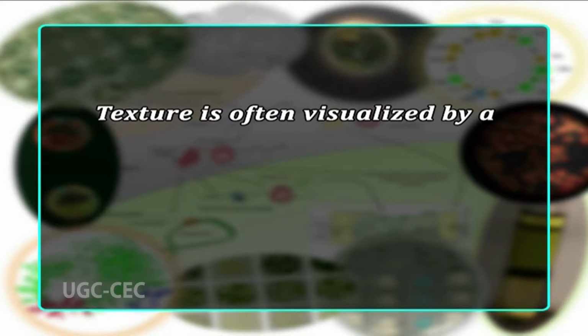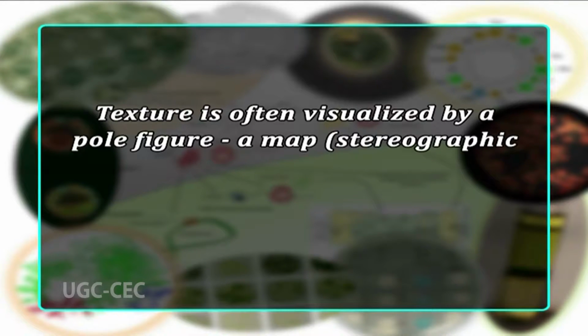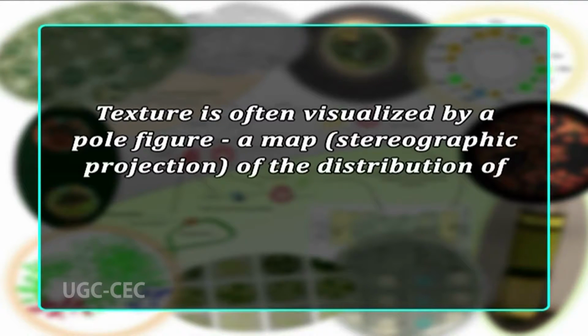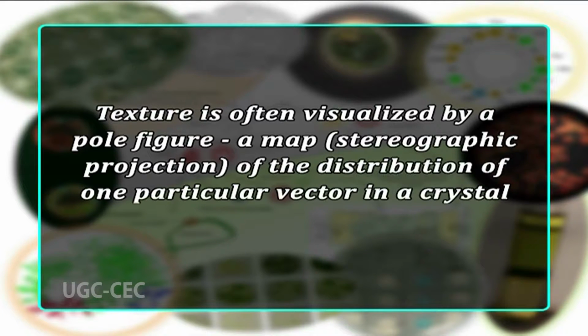These deviations from expected random intensities can be analyzed to derive the nature and the extent of preferred orientation, giving the texture in the material. Texture is often visualized by a pole figure, a map determined in the stereographic projection of a distribution of one particular vector in a crystal structure around the space.